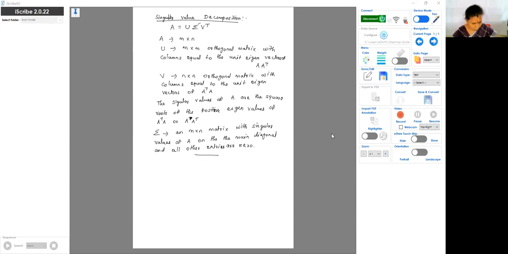So we will see one problem in this category. Okay, your problem is: decompose A equal to the matrix [1 -1 3; 3 1 1] as a singular value decomposition.